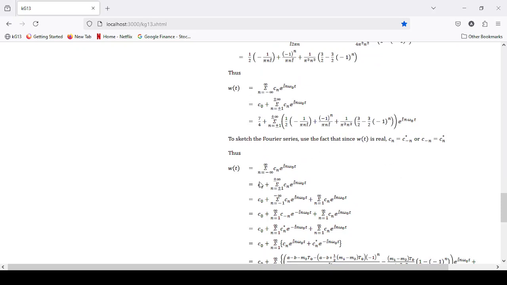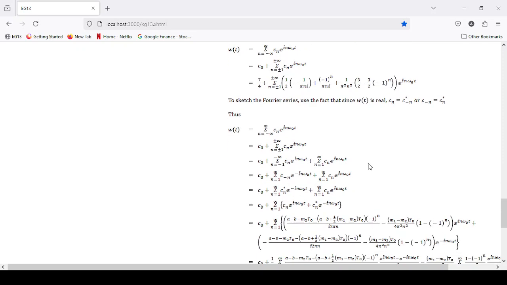Starting here, the primitive form from minus to plus infinity Cn e to the i n omega naught t. Filter out C naught, so now we go from plus minus 1 to plus minus infinity. So we have here n going from minus 1 to minus infinity, and here n goes from plus 1 to plus infinity.